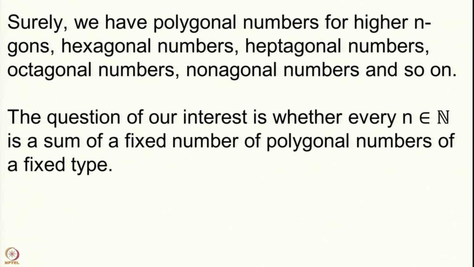Is it true that any given natural number n is a sum of a fixed number, say only g many, of k-polygonal numbers? Is there a g equal to g_k for every k, just like we had the Waring's conjecture, such that every natural number is a sum of g kth polygonal numbers?